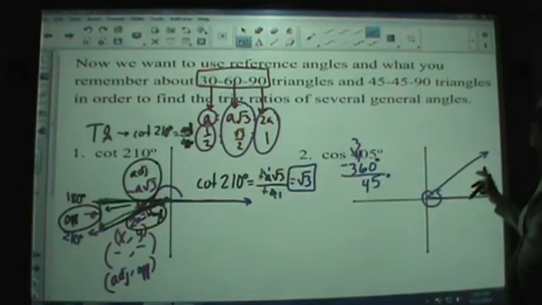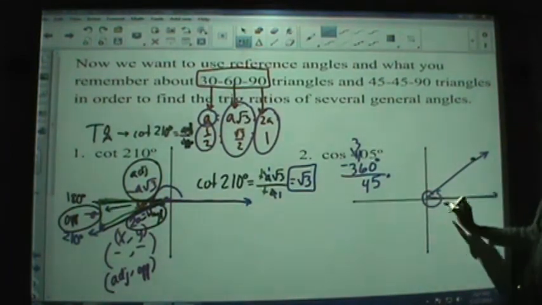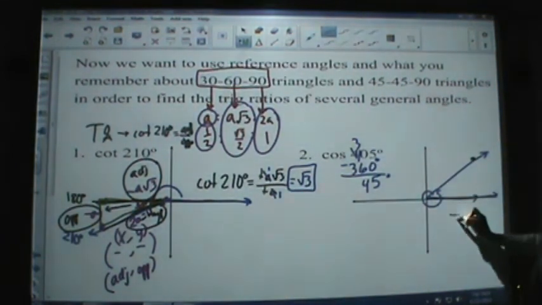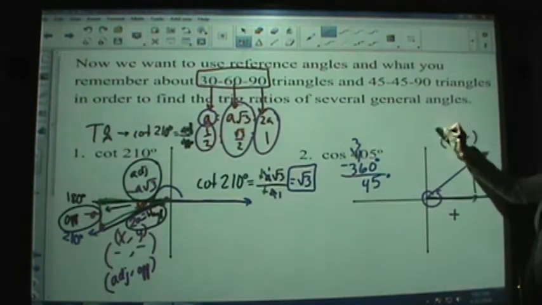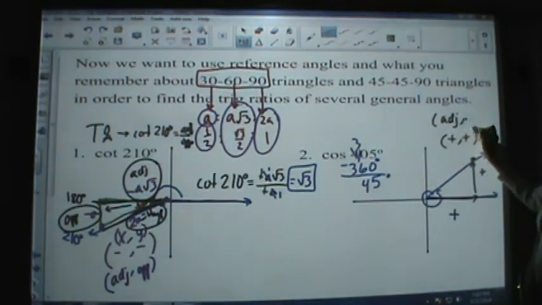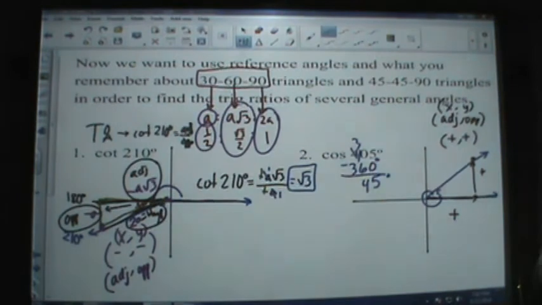First quadrant's a nice place to be because everybody's positive in the first quadrant. To get to a point over here, you'd have to move to the right, which is a positive move, and then you move up, which is also a positive move. First quadrant's positive, positive. So when we deal with adjacent, opposite, it'll be positive, positive. Our x, y at that point is positive, positive.